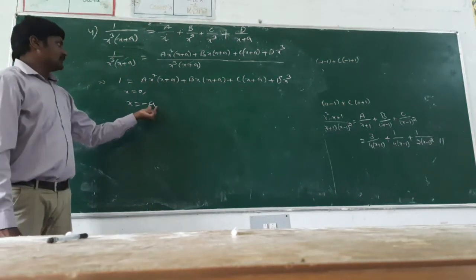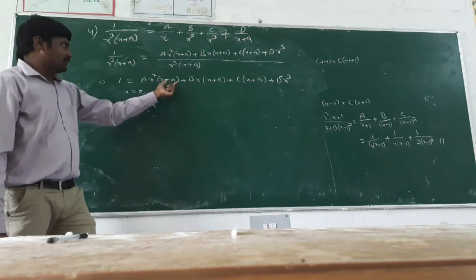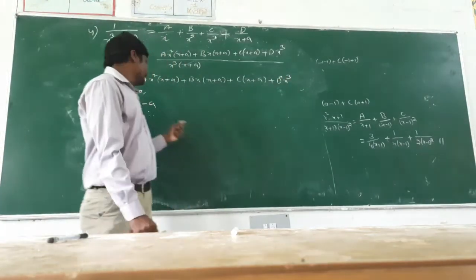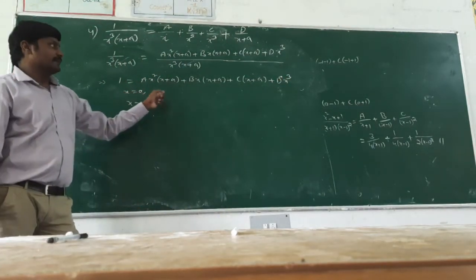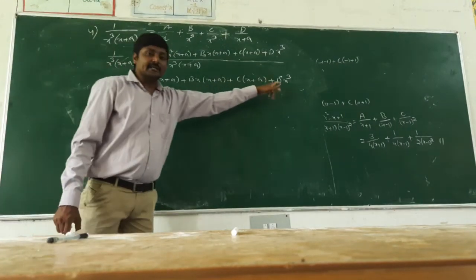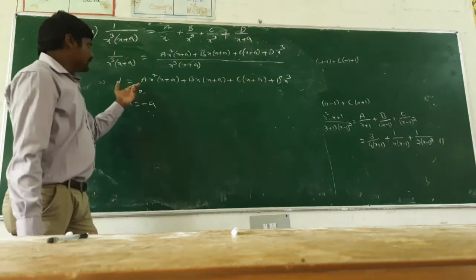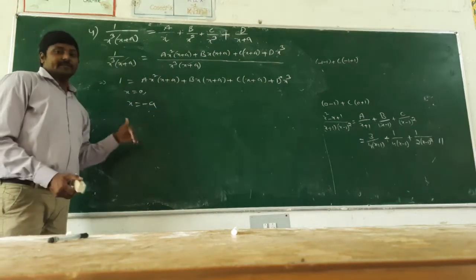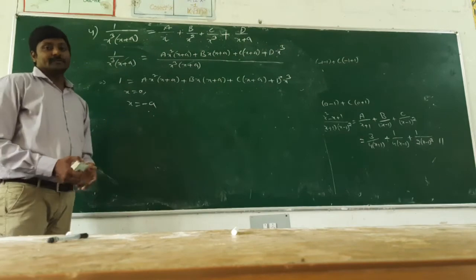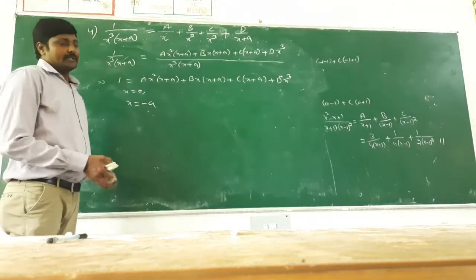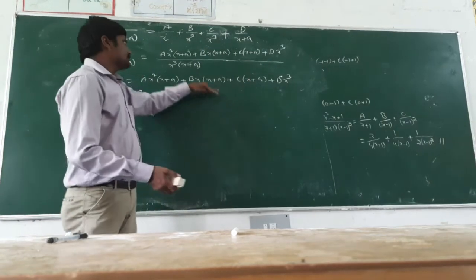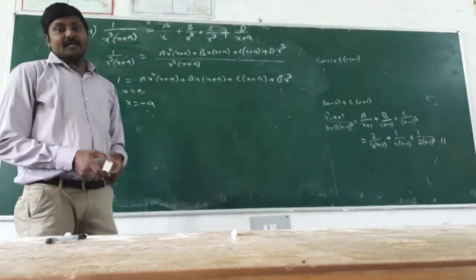And put x is equal to minus a, the other terms are 0, and we get the D value. Next, for the other concepts, we apply the first method, comparing the coefficients of x cube and x square, you get A and B, and find A, B, C, D and substitute here to get the final answer.